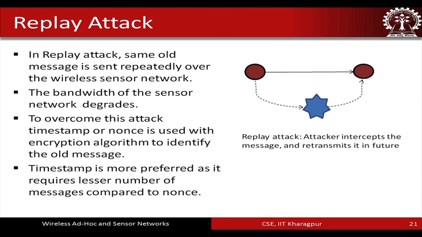This is called the replay attack, and it will unnecessarily consume the limited bandwidth of these networks, because no new data is being sent. Gradually, that is going to bring the network down in the short term.